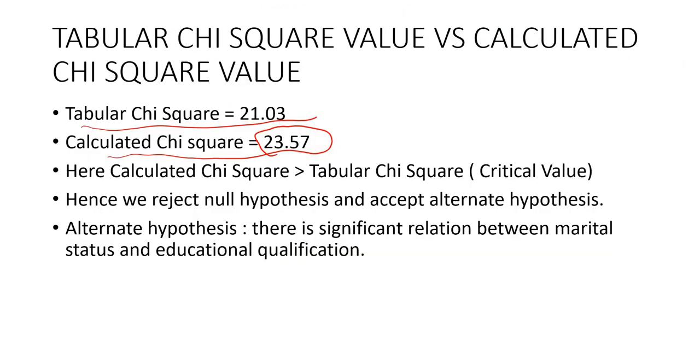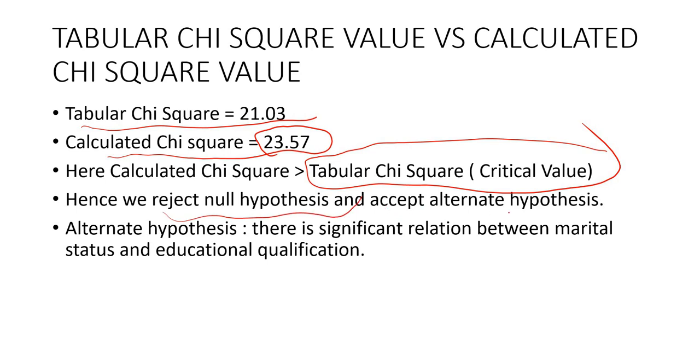See here, the calculated chi-square is greater than the tabular chi-square, that is the critical value. The tabular chi-square is also known as the critical value of chi-square. Here the calculated value of chi-square is greater than the critical value of chi-square. So hence we reject the null hypothesis and accept the alternate hypothesis.